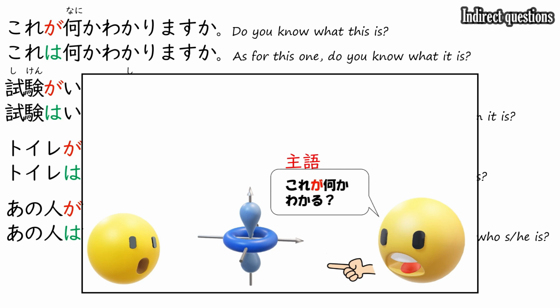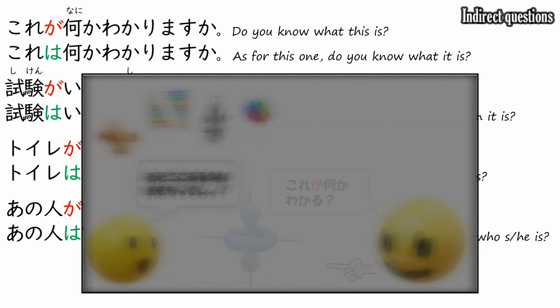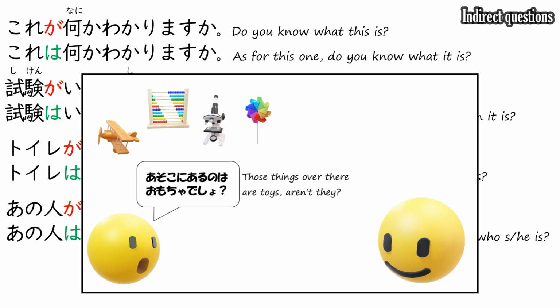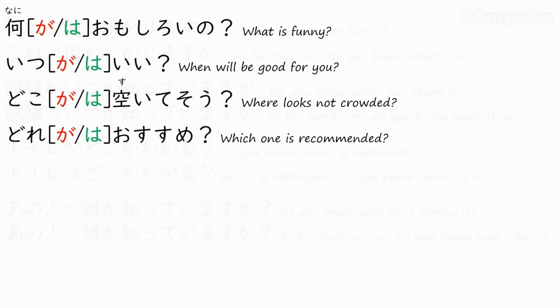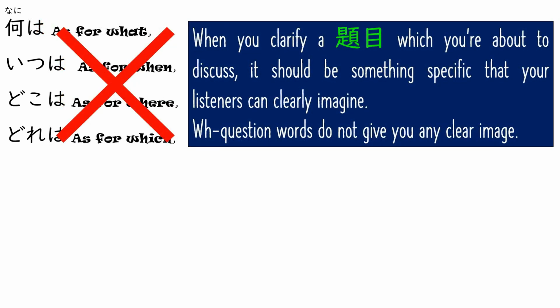これが何かわかる？わかんない。あそこにあるのはおもちゃでしょ？じゃあ、これは何かわかる？Ga should be used. 何が面白いの？いつがいい？どこが空いてそう？どれがおすすめ？When you clarify 題目 which you're about to discuss, it should be something specific that your listeners can clearly imagine. 何、いつ、どこ、どれ、WH question words do not give you any clear image.